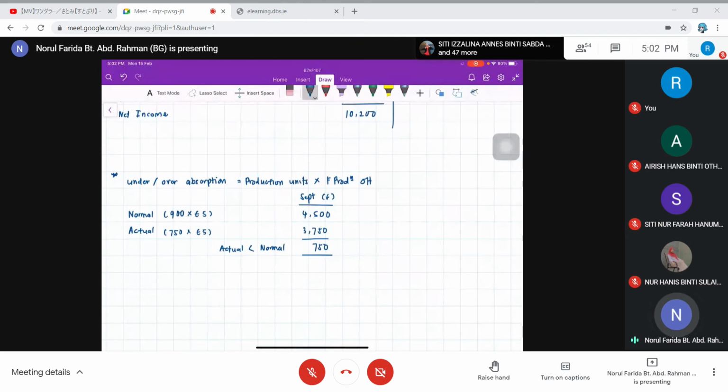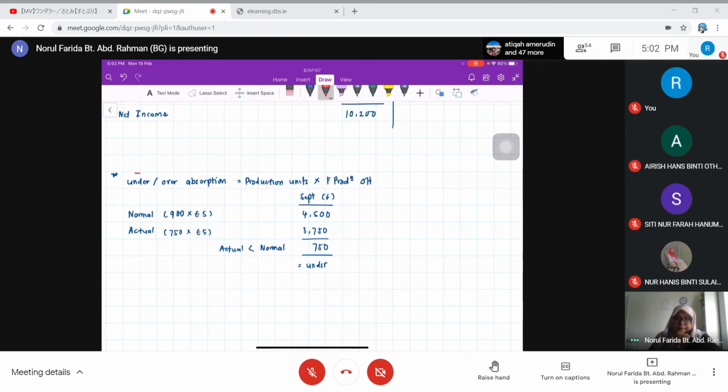So 750 is under absorbed. Whenever it is under absorbed, we will minus. Minus here.